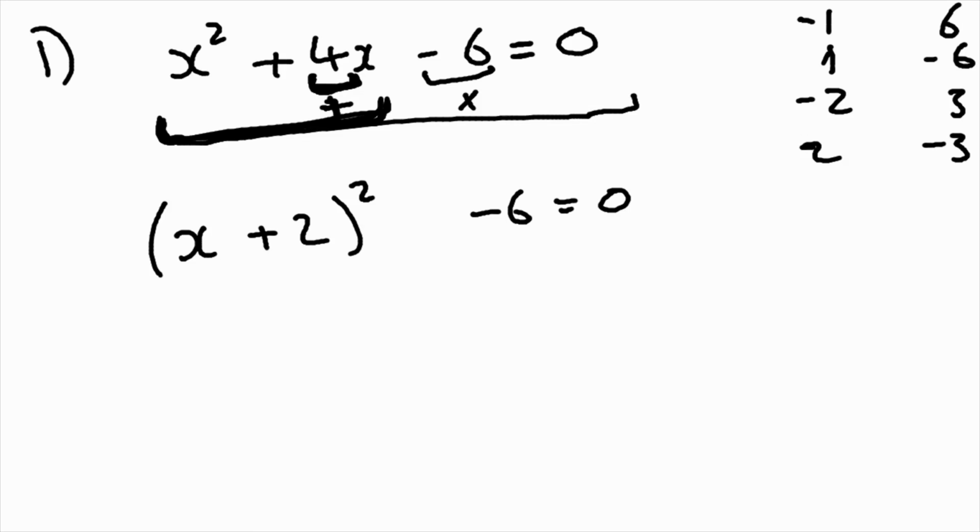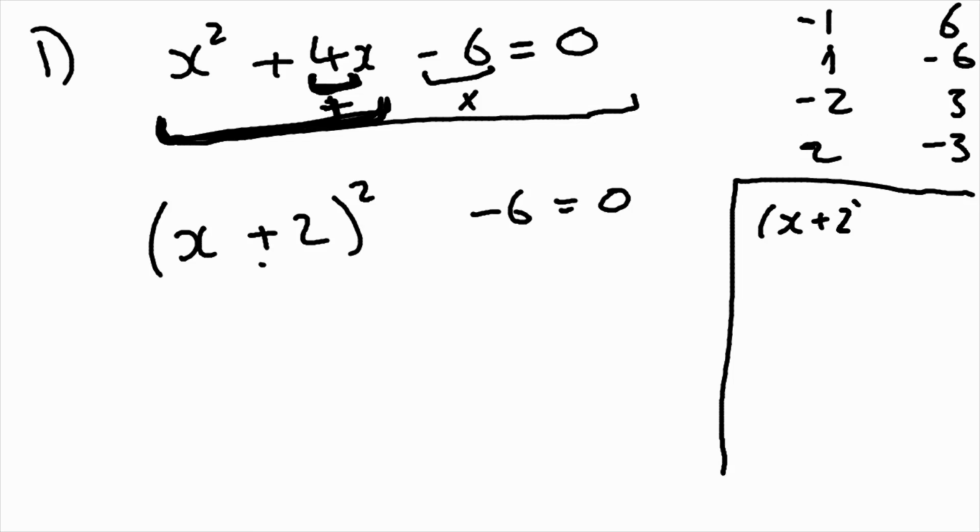Now, why does that work? Well, if we have a side note here, when we expand this bracket, x plus 2 multiplied by x plus 2, x times x is x squared. x times 2, 2x. 2 times x, 2x.